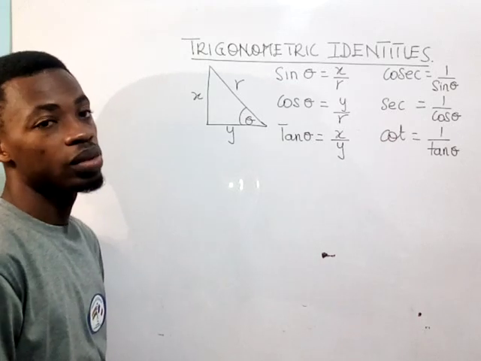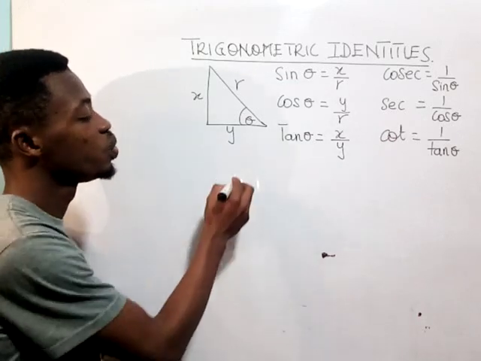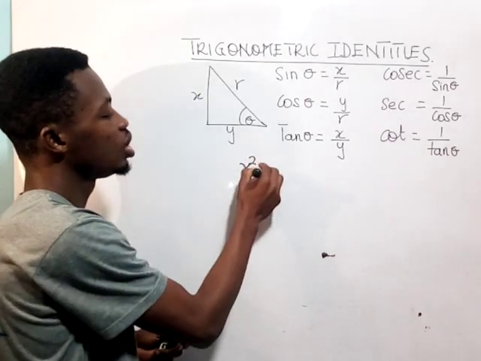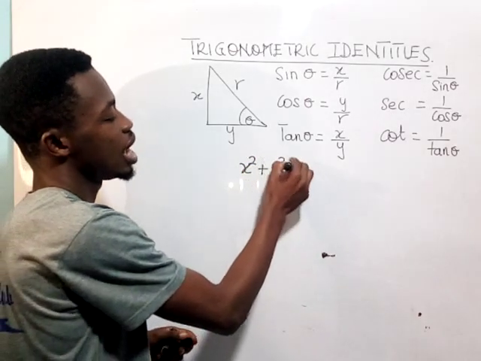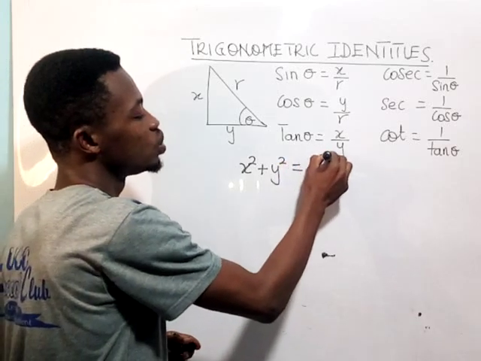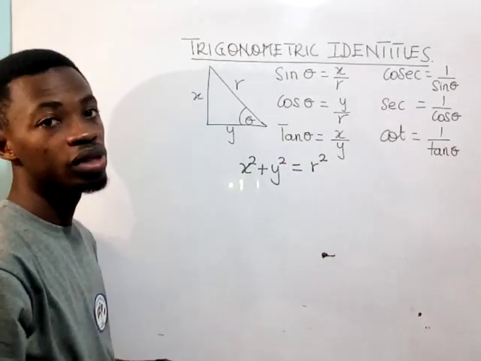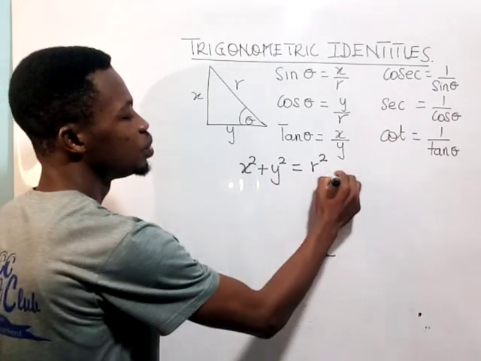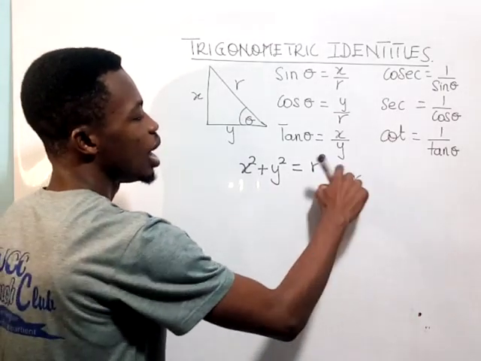From Pythagoras' theorem, we know that the sum of squares of the opposite and the adjacent is equal to the square of the hypotenuse. Here, let us divide through by r squared.